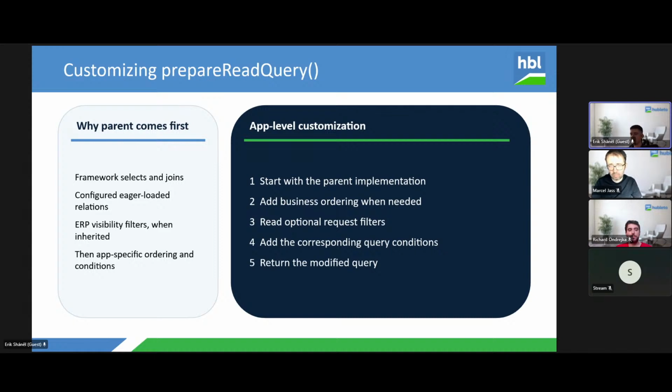So if you guys remember the filtering from the last lesson. At the end, we return the modified query so that Hubleto can use it to load records. And just to sum it up, the pattern is actually pretty simple. Keep the standard behavior from the parent, then add app-specific read rules, and at the end, return the result.